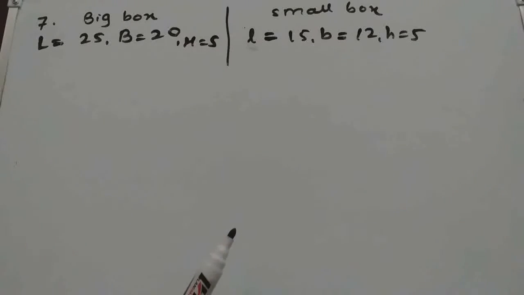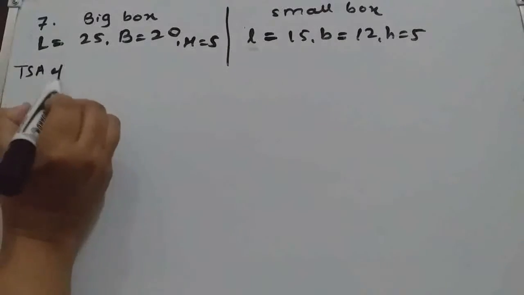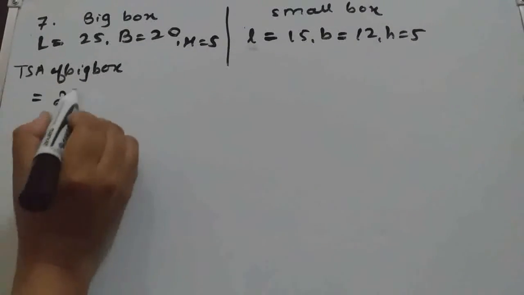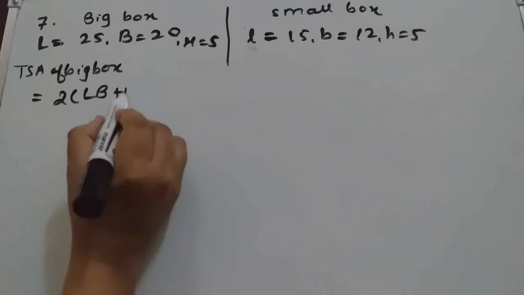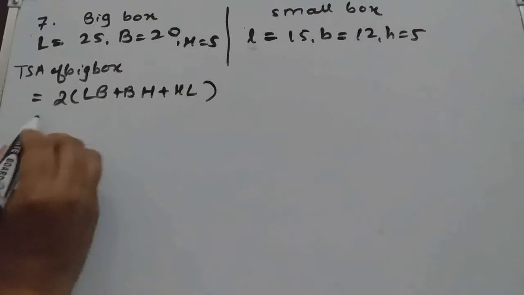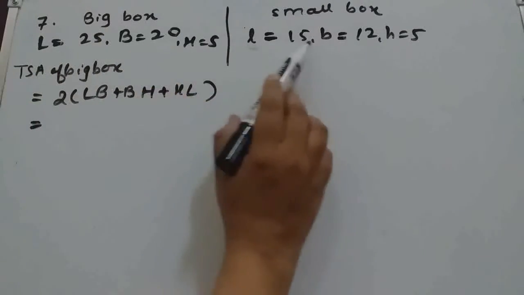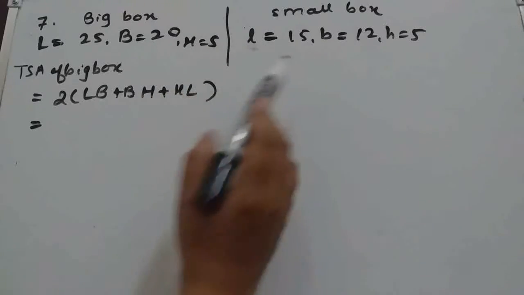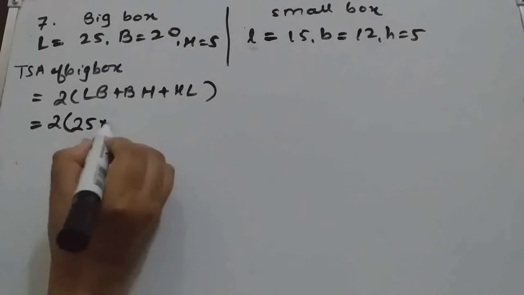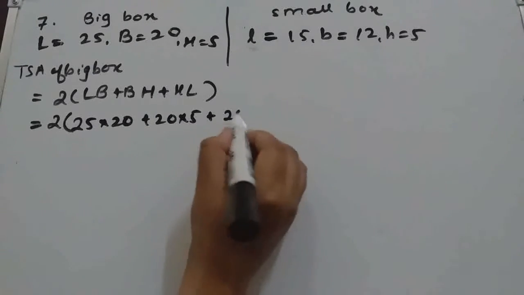So what we will do here, first we'll find the TSA of the big box using the formula 2(LB plus BH plus HL). I am using capital letters because 2 times it should be used. So L is 25 into 20, 20 into 5 and then 25 into 5.